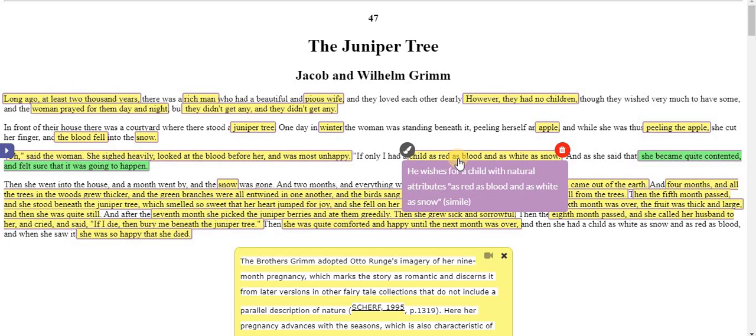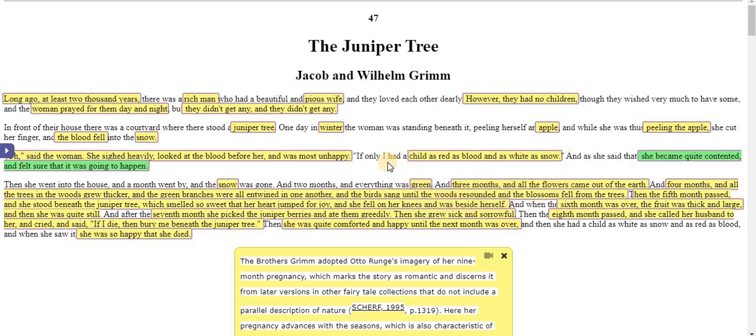Red as blood and white as snow is again a simile. As and like, and if you are using as and like for comparisons, then it becomes a simile. And this is also her wish. She wishes for a child who is red as blood and white as snow, as natural as can be. And as she said that, she became quite contented and felt sure that it was going to happen.